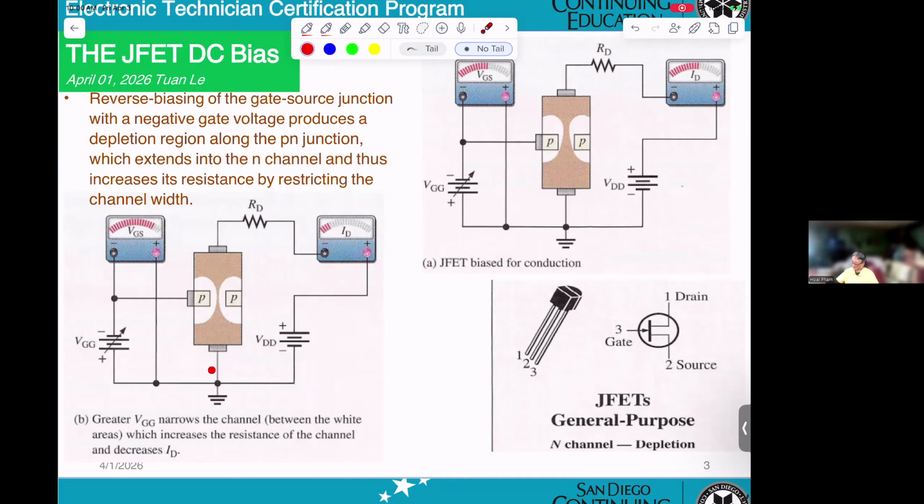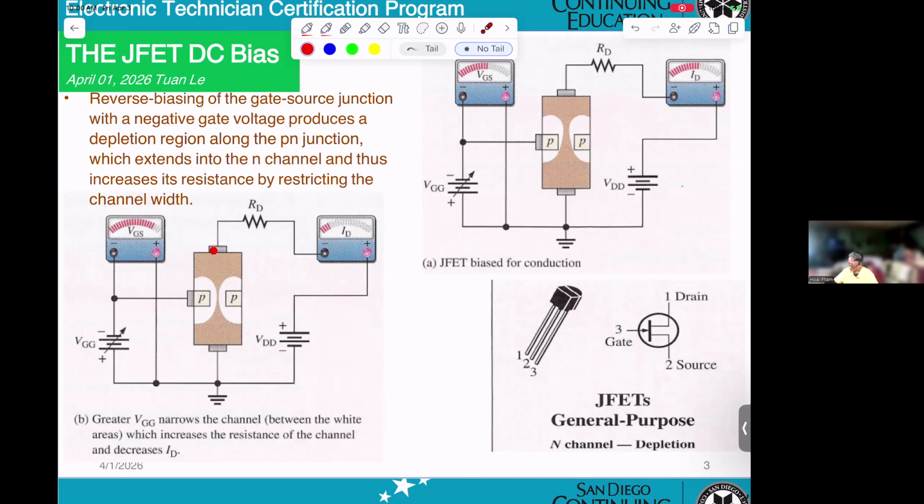So on this picture here, you get maximum VGG or V gate, and then you get the current ID. That will be telling you one thing.